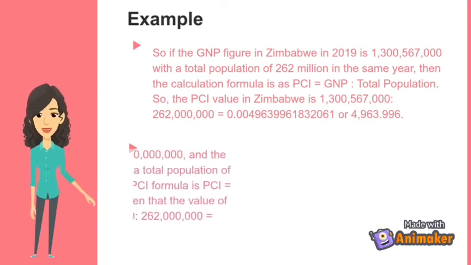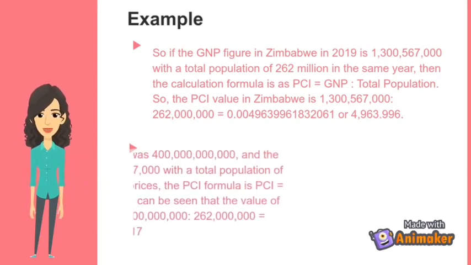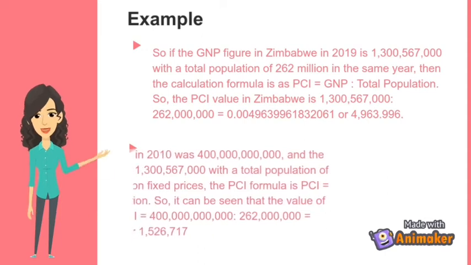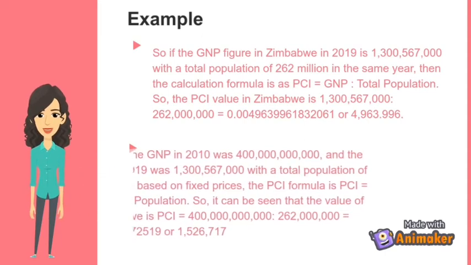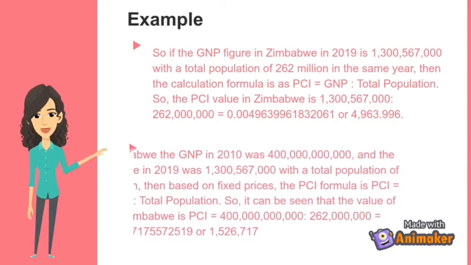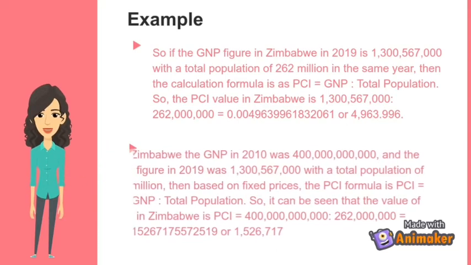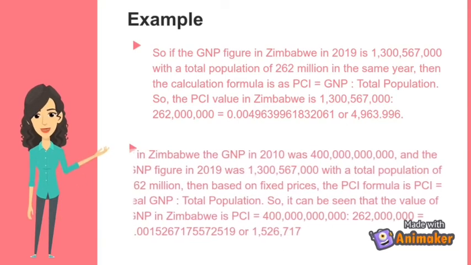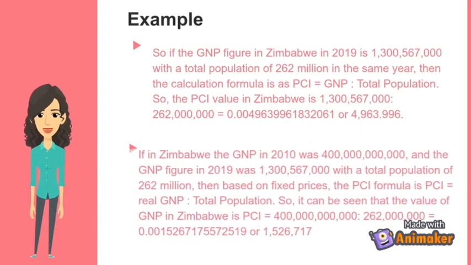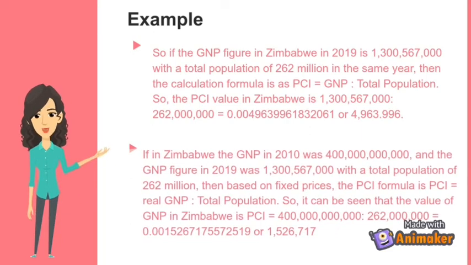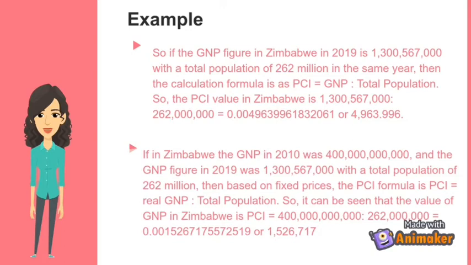Second, involve real GNP. If in Zimbabwe the GNP in 2010 was 400 billion, and the GNP figure in 2019 was 1,300,567,000 with a total population of 262 million, then based on fixed prices, the PCI formula is real PCI equals constant GNP per total population.